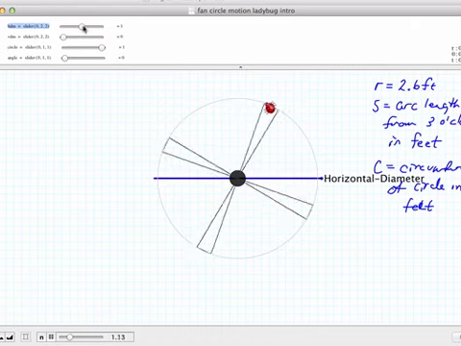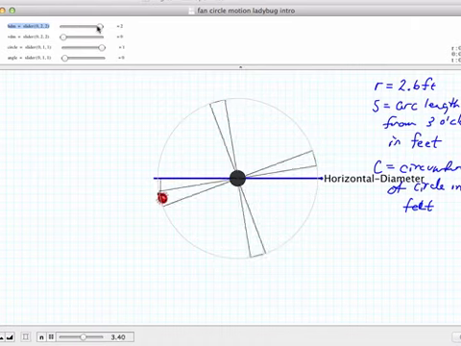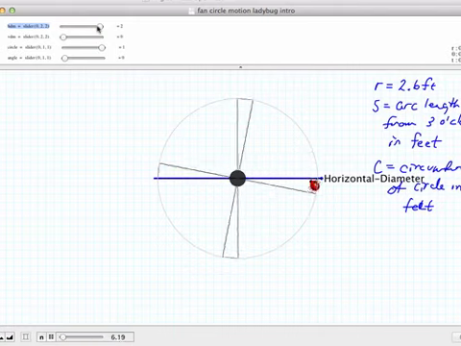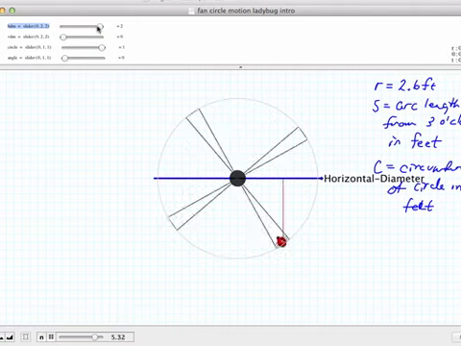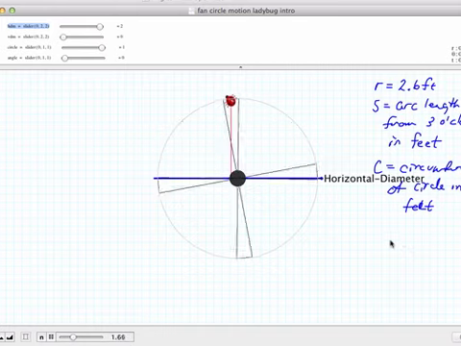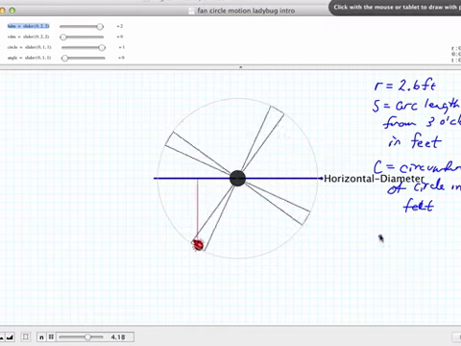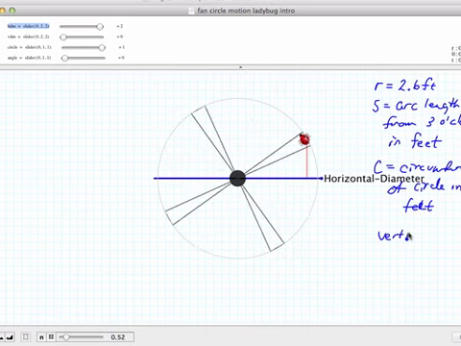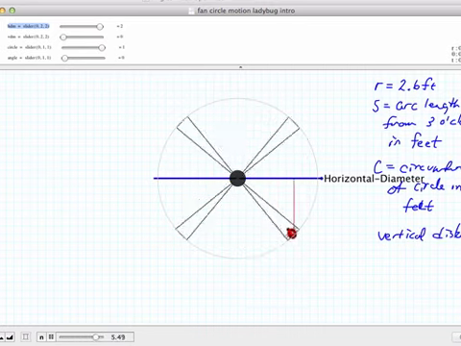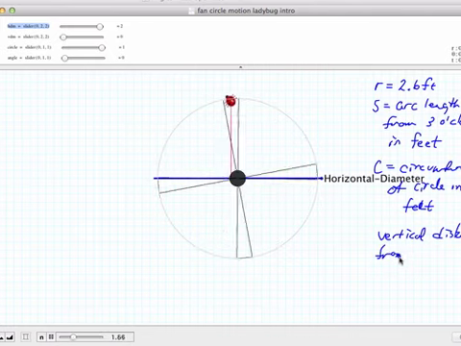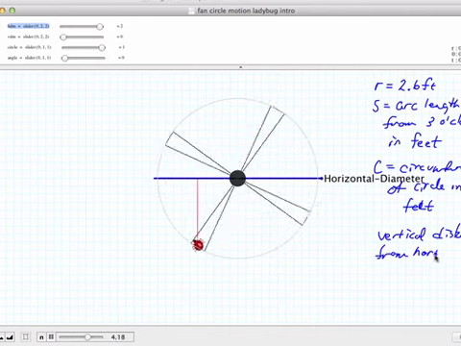All right, what about if I add this to the picture? What is that showing? Yeah, so vertical distance from the horizontal diameter.